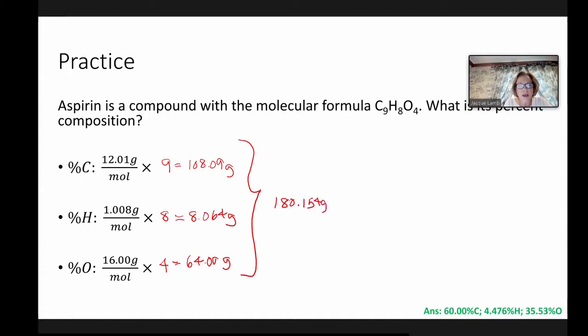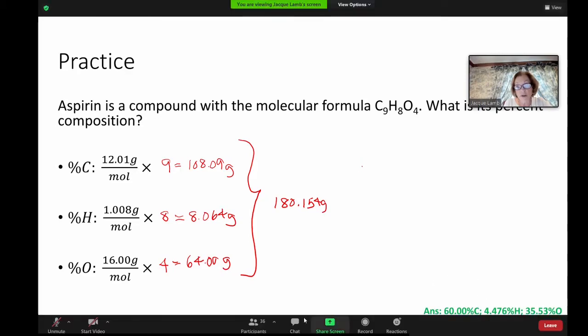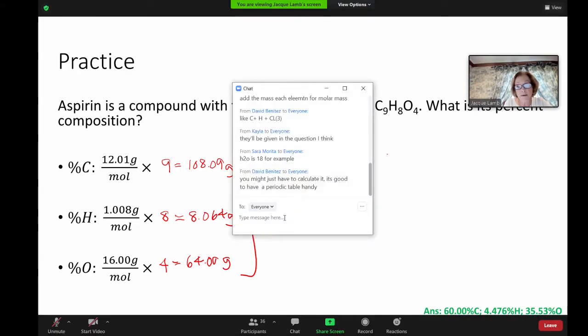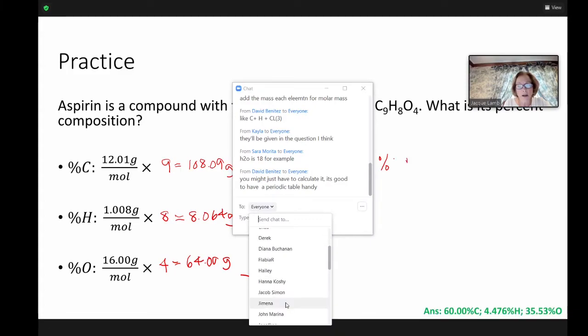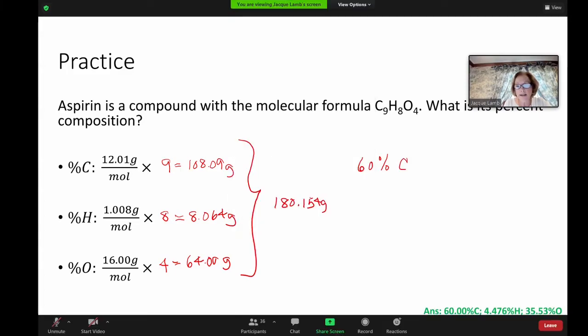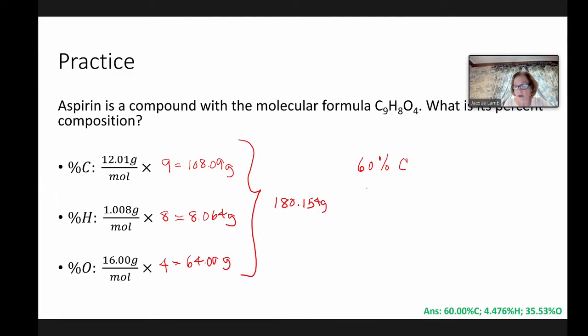So part over the whole times 100 would give you, when you do the math, 60% carbon. 8 grams out of 180 times 100 is 4.5% hydrogen, and 64 divided by 180.154 times 100 is 35.5%.